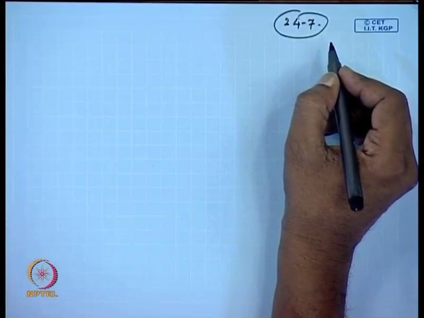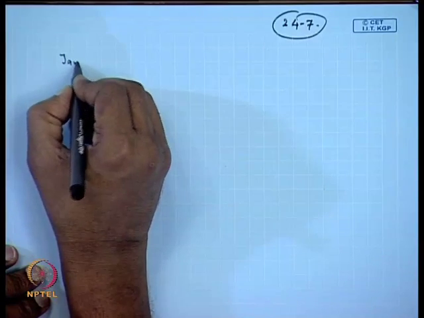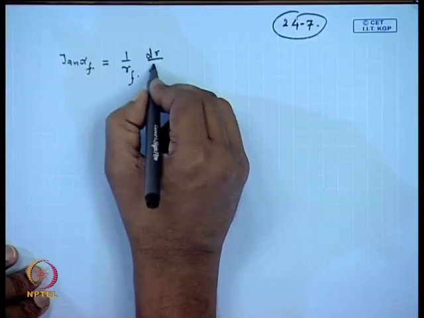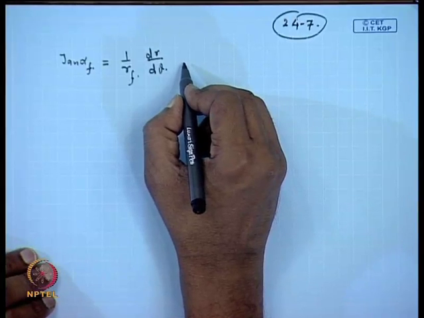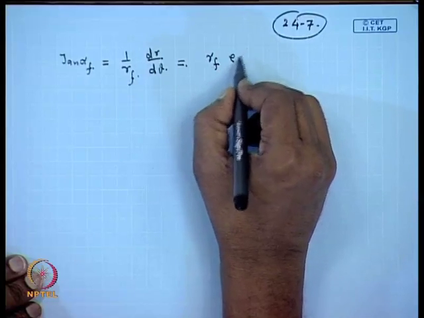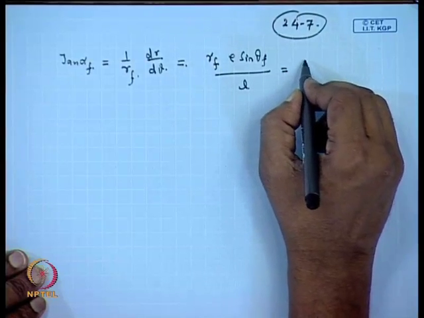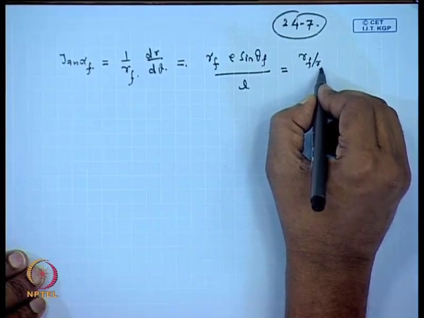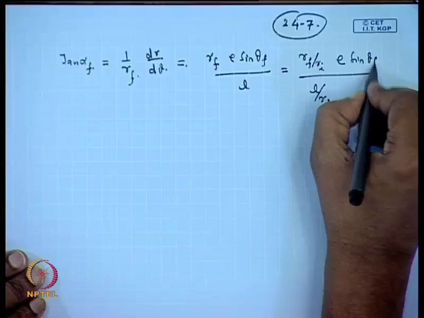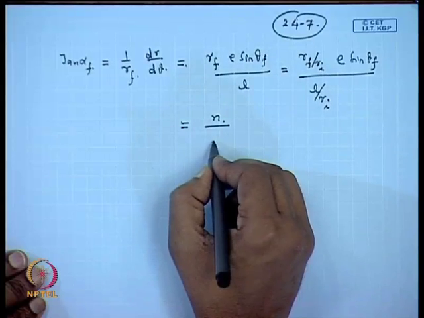Similarly, we can work out tan alpha f. Again we have tan alpha f equal to 1 by r f times dr by d theta, and this will be nothing but r f times e sin theta f divided by L. We can express this with r f by r I and L by r I, where r f by r I is nothing but n, and L by r I is nothing but L cap.